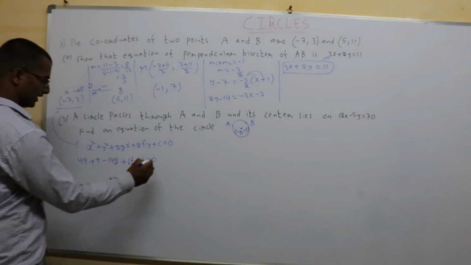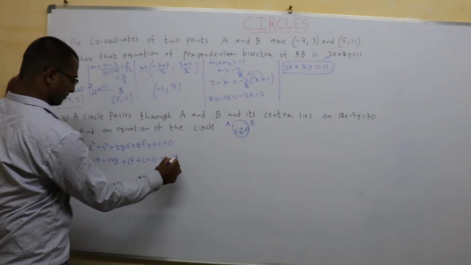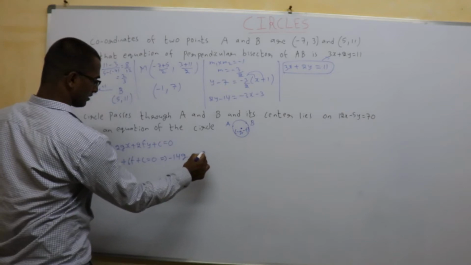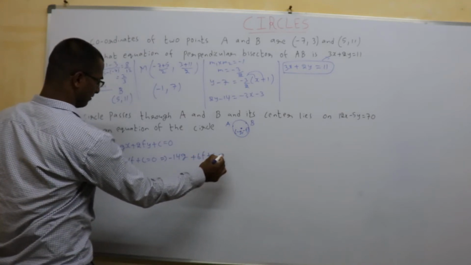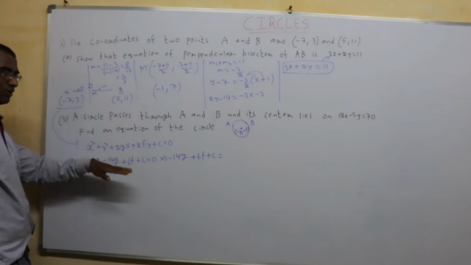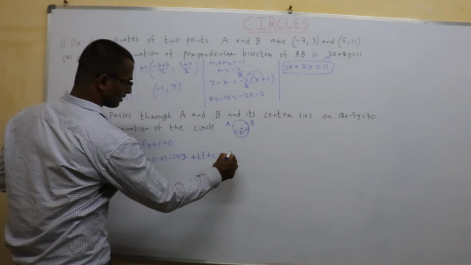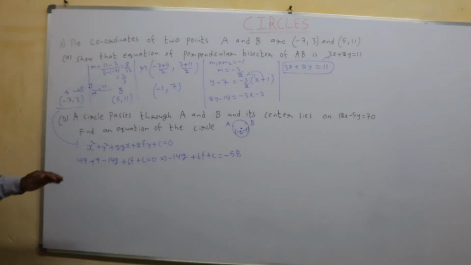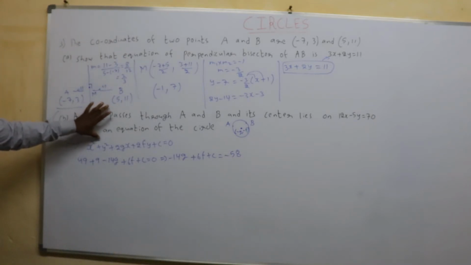So if I simplify this, I get minus 14g plus 6f plus c equal to 49 plus 9 is 58, goes to the other side, minus 58. Clear?